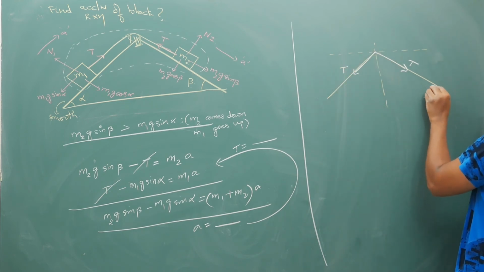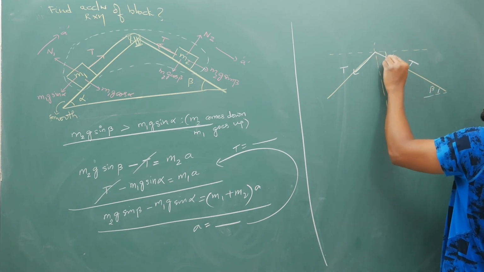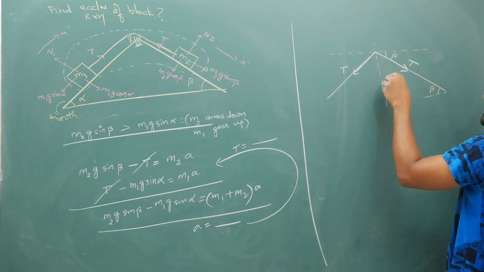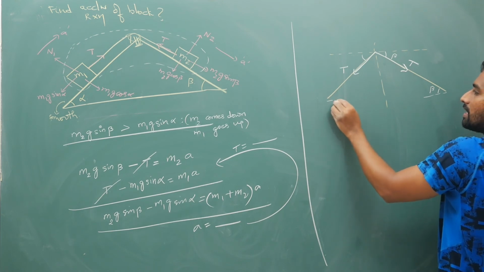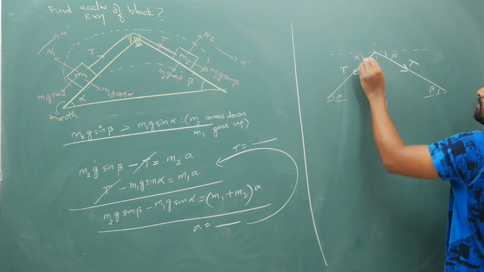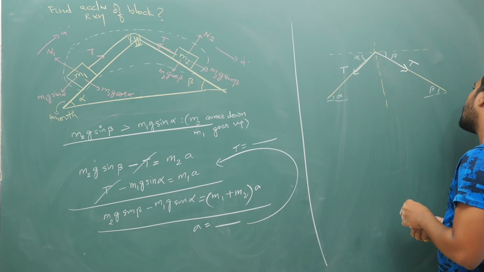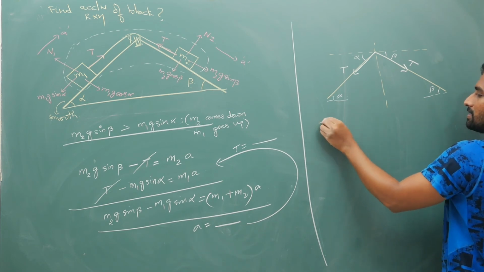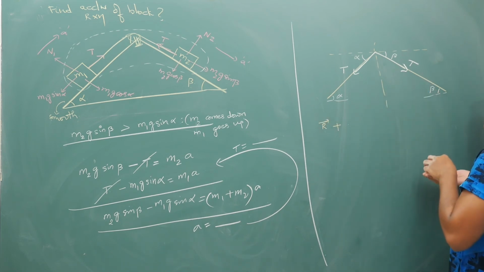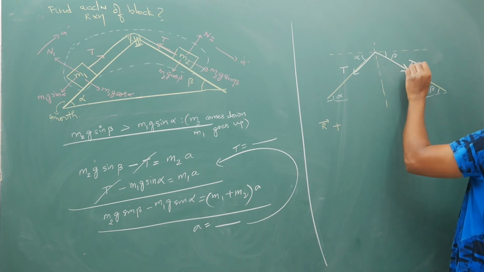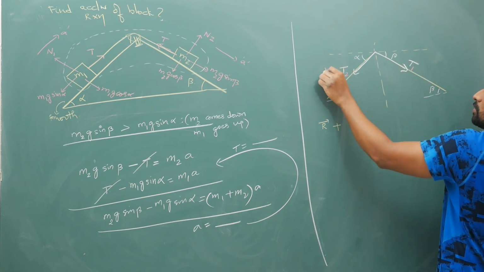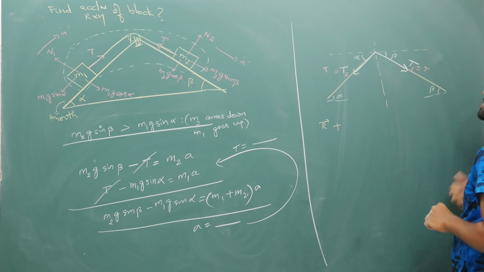If this angle is beta, this angle will be beta, and this angle will be 90 minus alpha. Having this angle as alpha, on this side this angle will be alpha. Your reaction R bar plus, assume that this is 1 and this is 2, of course both are equal to T, that is a different story.